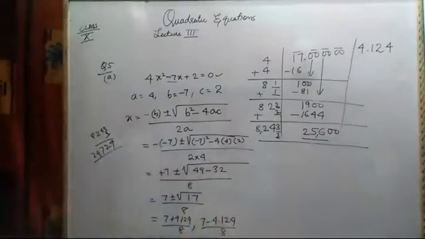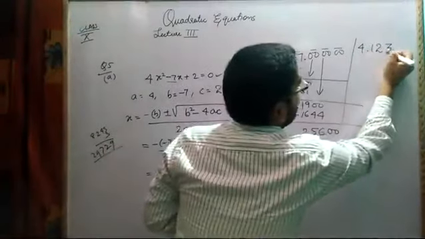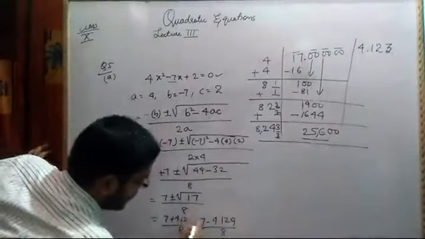Now after this, here it will be 3, my dear students. By mistake I wrote 4. So here again 3 will come.